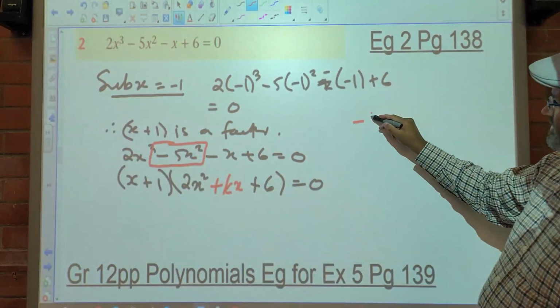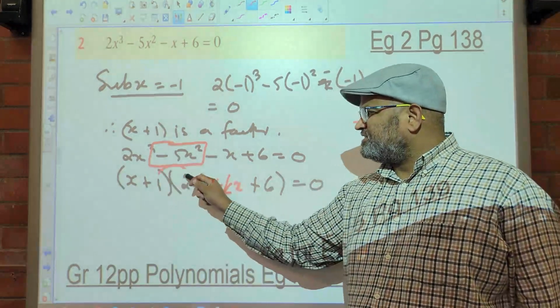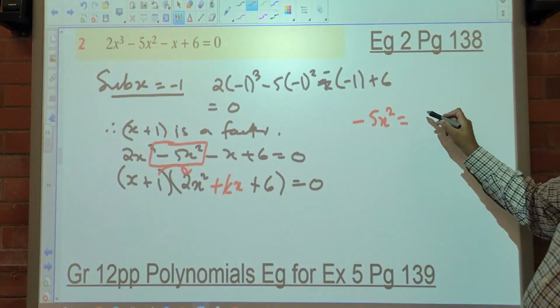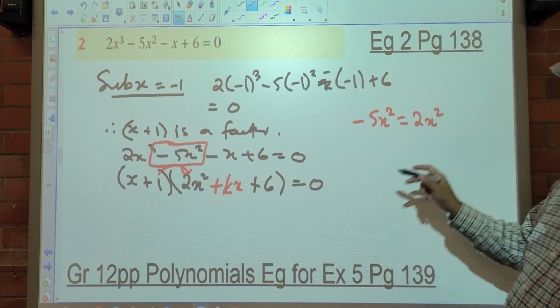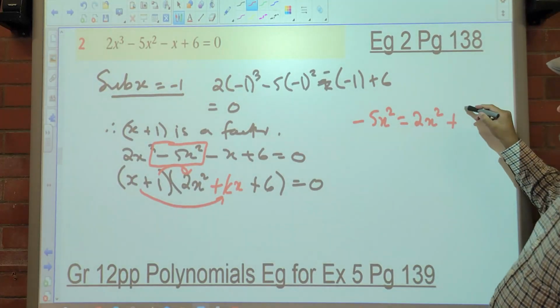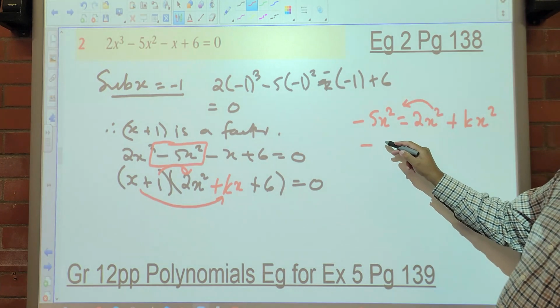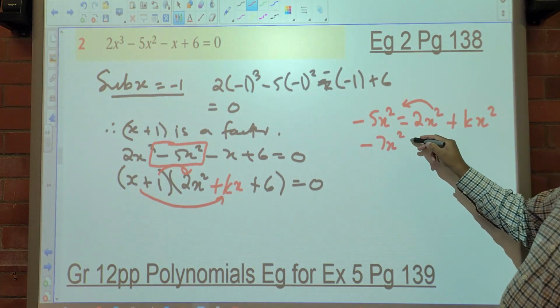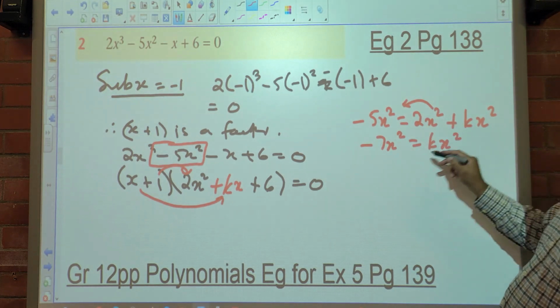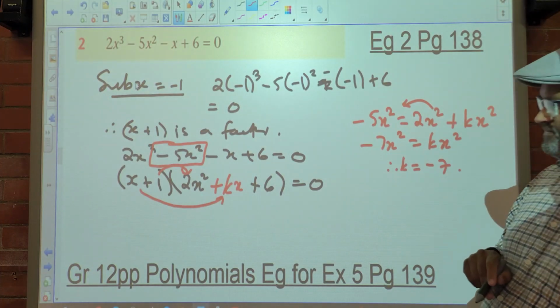Negative 5x squared is equal to 2x squared plus kx squared. Take it over the equal sign, becomes negative 7x squared, equal to kx squared. Therefore, k is equal to negative 7.